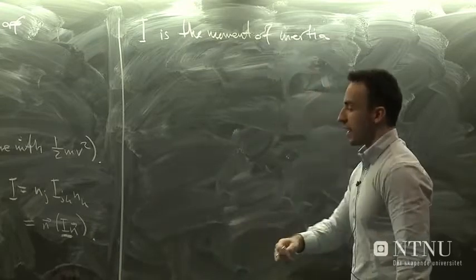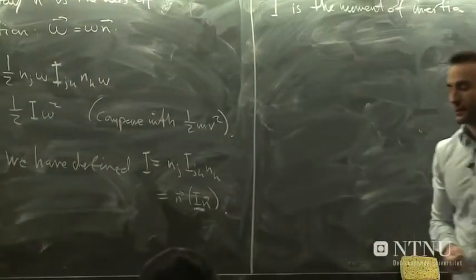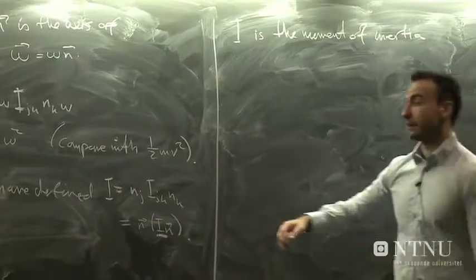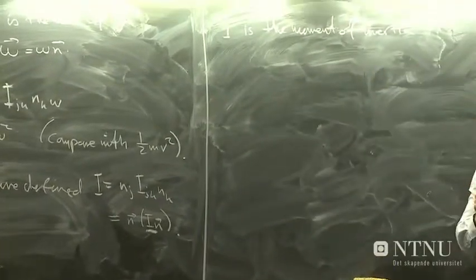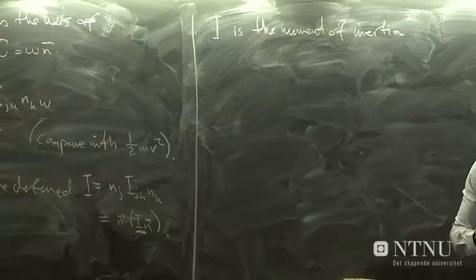And whereas I underscore is the matrix of inertia, this quantity I, which is a scalar, is the moment of inertia around the axis of rotation.